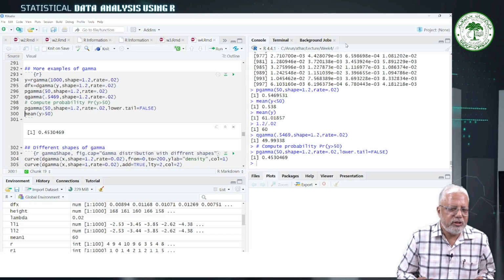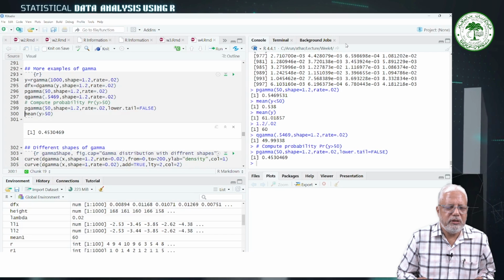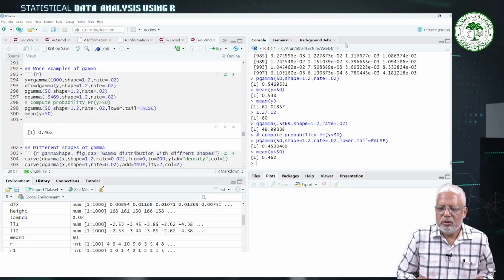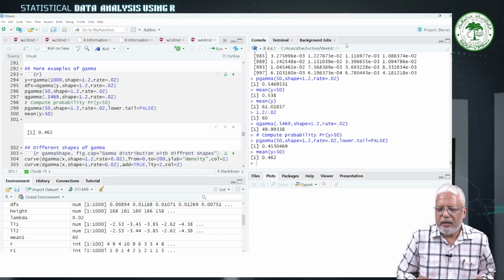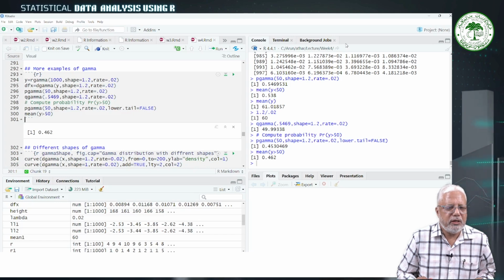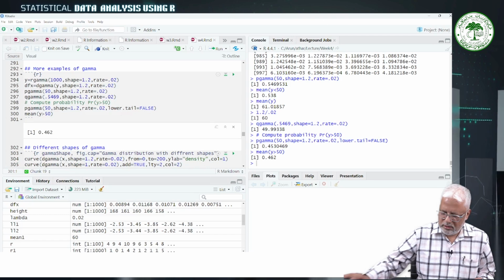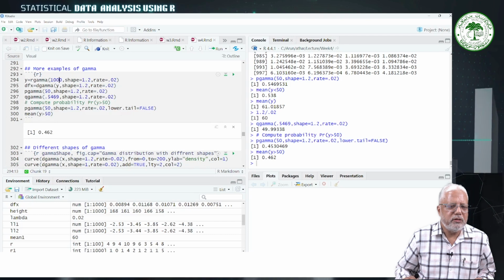But from the simulation also we can compute this probability, that is probability of y greater than 50, and that is 0.462 on the basis of simulated values, whereas on the basis of exact it is 0.4531. This is the difference. But if we increase the sample size, it will converge better.